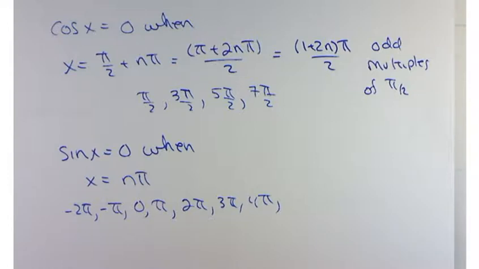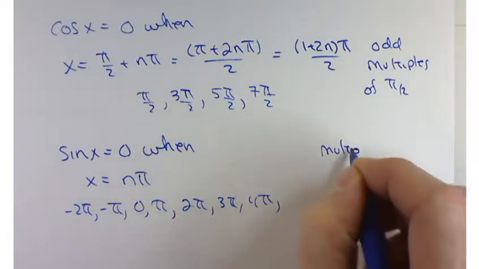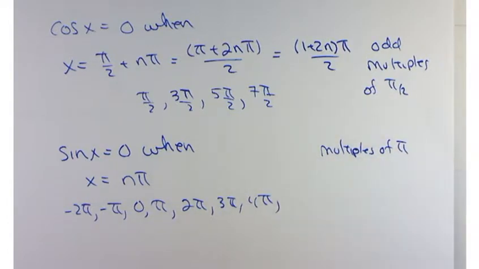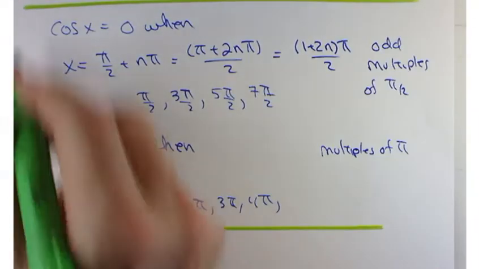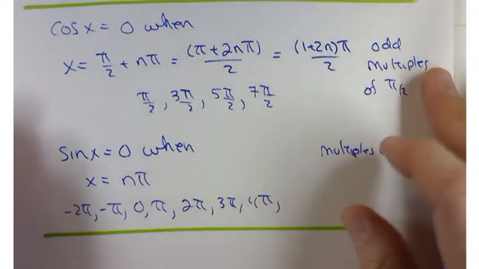Sine is just multiples of pi. You're going to need these ideas again and again, so make sure that you have these memorized. It's going to come up later when we work with trigonometric equations, and it also comes up in the graphs of the cotangent and the tangent.